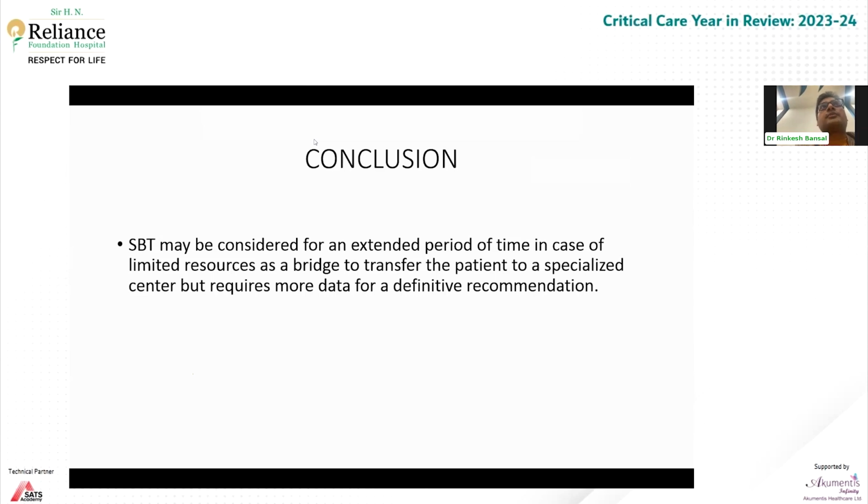SB tube can be placed when the center doesn't have TIPS facility, or EVL facility, or EVL cannot be possible because of poor general condition. So we can put SB tube when the patient is transferred to another center. SB tube is a very important tool with which we can control the bleeding. So SB tube, in a limited role nowadays, has its significance, and it can be used judiciously.